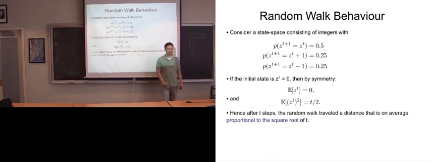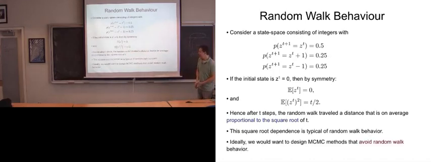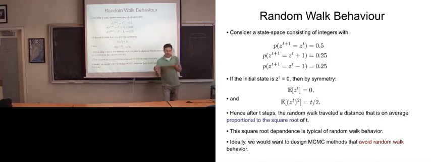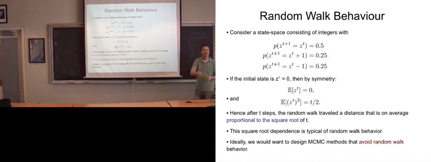This square root depends on the typical behavior of the random walk, and that's sort of like the worst case setting. Ideally we'd like to design MCMC methods that avoid this random walk behavior. Basically, this is saying that if you want to travel distance t, you need t squared steps.